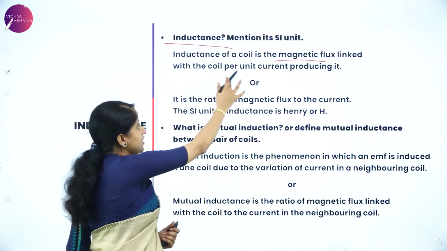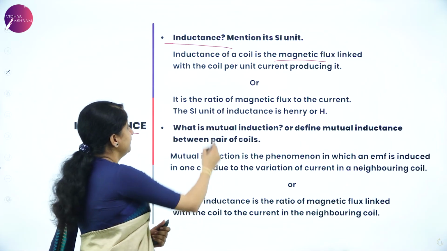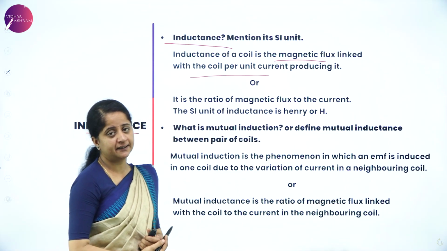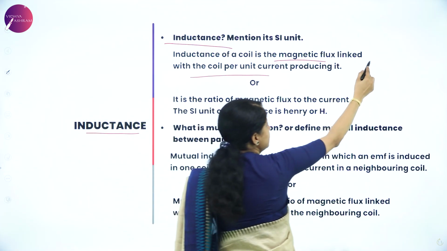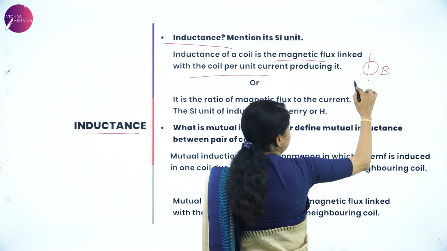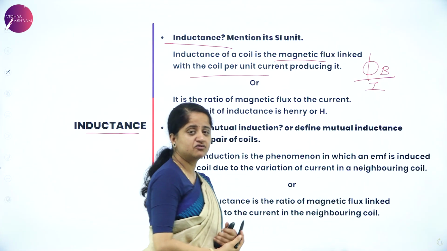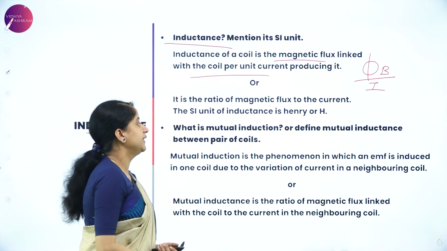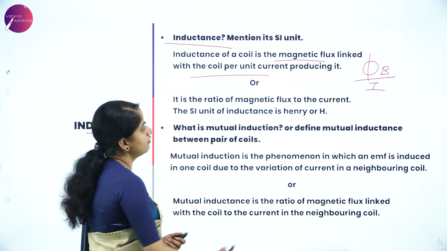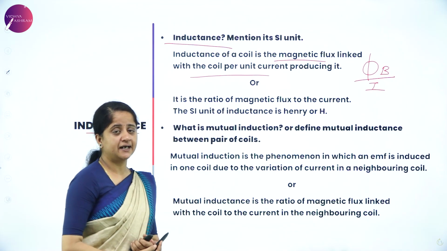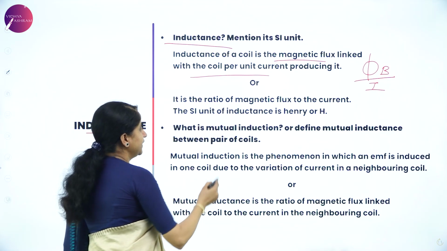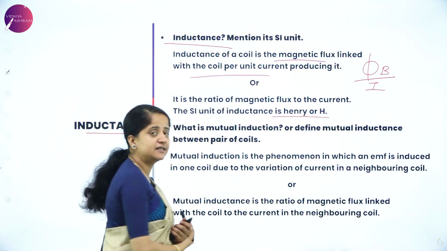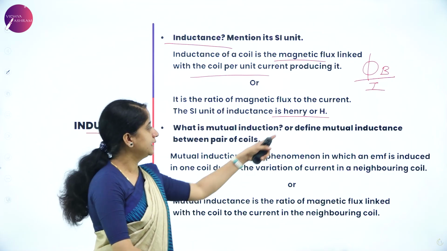So, the inductance of a coil is the magnetic flux linked with the coil per unit current, which means the magnetic flux phi B divided by current I. So, phi B by I is nothing but the inductance. It is the ratio of magnetic flux to the current. The SI unit of inductance is Henry, denoted by the symbol capital H.